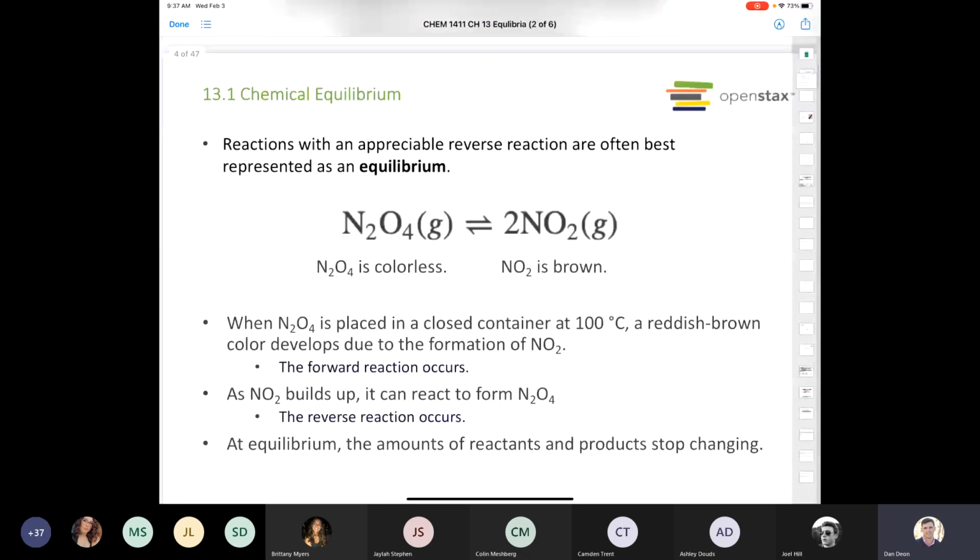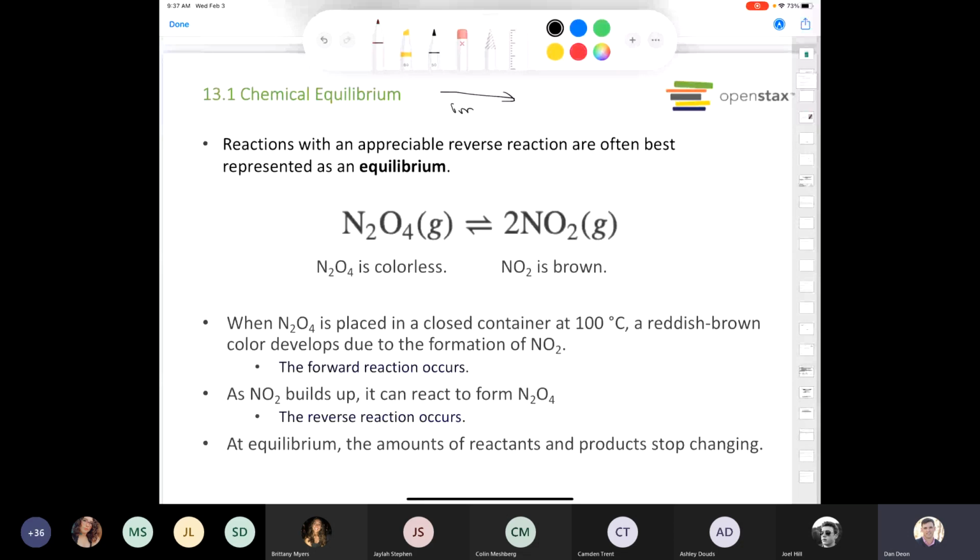Here's another example. And again, when we talk about reactions that have an appreciable amount of the reverse and the forward reaction, we say that those are best represented as an equilibrium. Going back to general chemistry, this arrow here is an irreversible arrow. This arrow here represents an equilibrium.